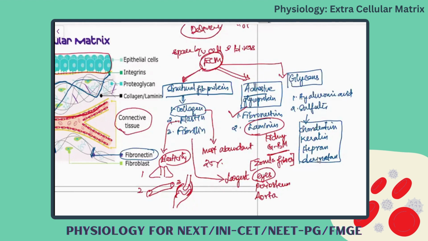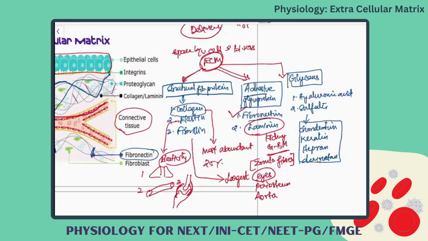The extracellular matrix is the space between the cells and the connective tissue, which maintains the cells and connective tissue in their position. It contains three major molecules: the structural fibrous proteins, the cell adhesive glycoproteins, and the glycans.